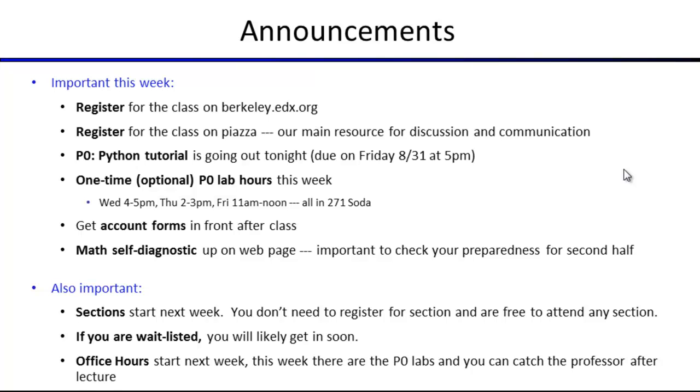It's the way a lot of AI is done these days. We're not going to avoid that. But the problem is that a lot of people don't realize this is coming. And then by the time it comes, it's too late to drop out. OK? So do the math self-diagnostic to check that you're prepared to do the math that only comes in the second half.